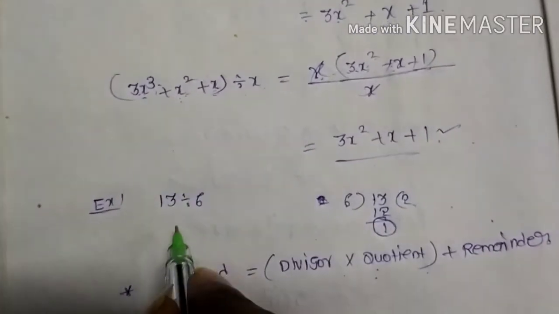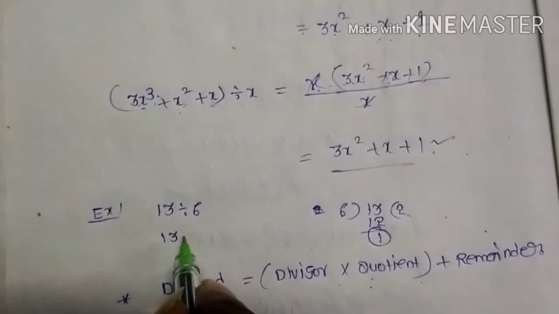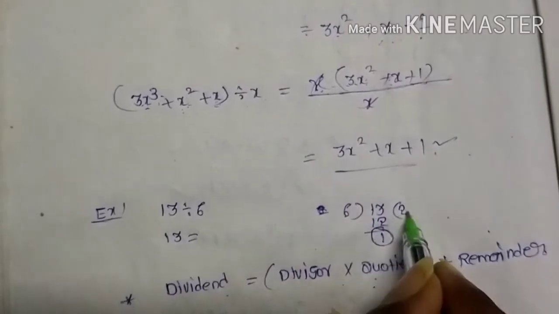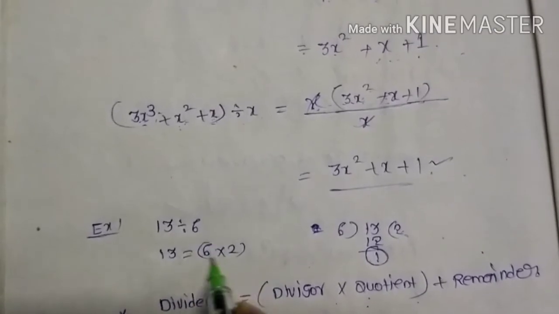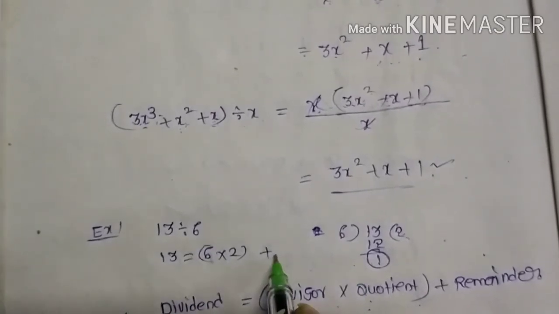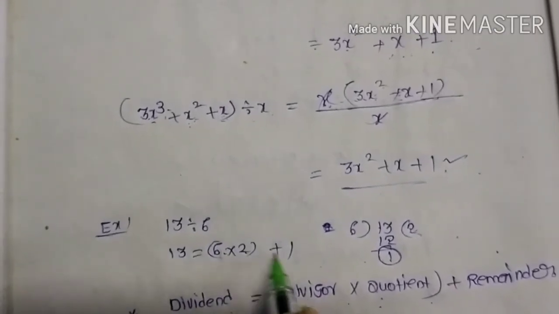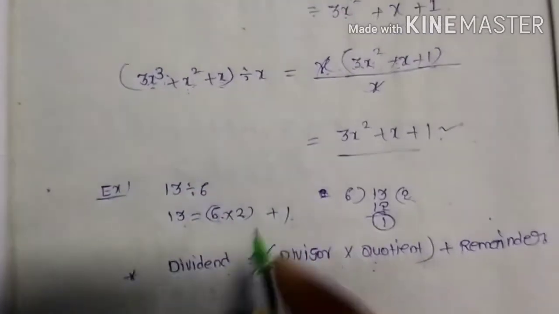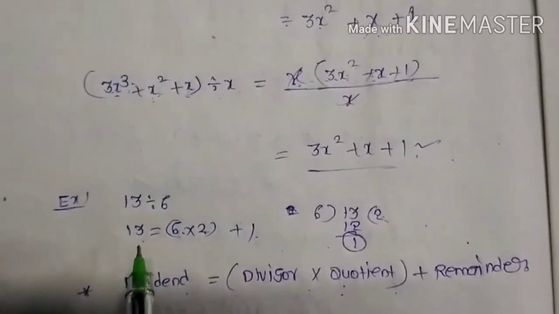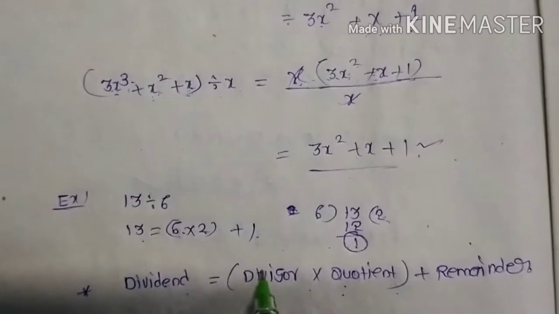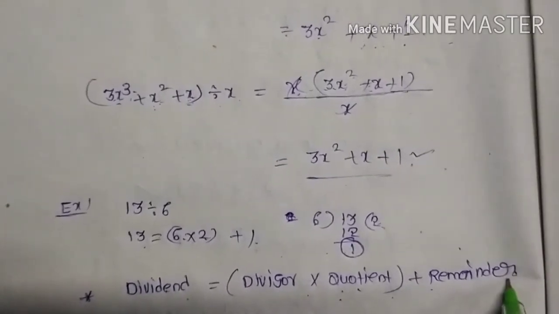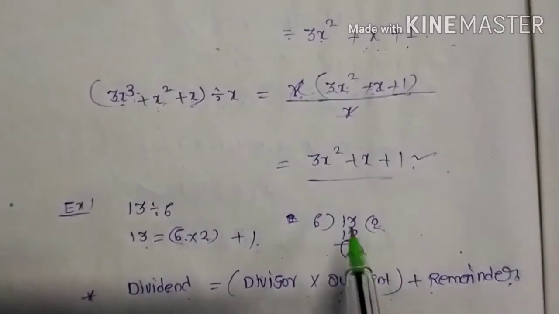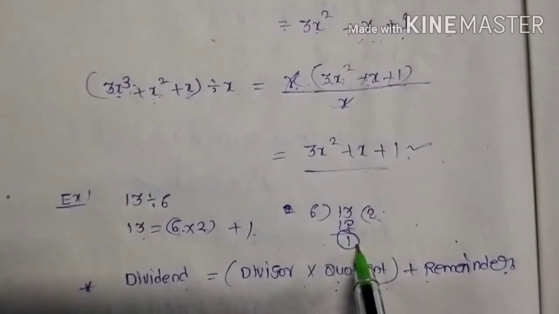That means once you observe here, 13 can be written as 6 into 2 or not? Yes. 6 into 2 plus 1 or not? Yes or no? 6 twos are 12. 12 plus 1, how much? 13 or not? So that is why in the previous classes we learned that 13 is the dividend, and here divisor into quotient plus remainder. I hope you understood this one. 6 twos are 12. 12 plus 1 is 13 or not?